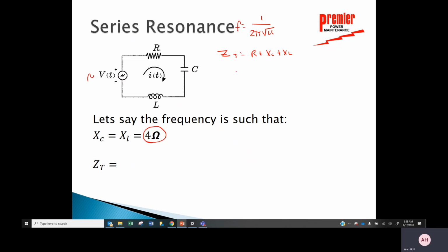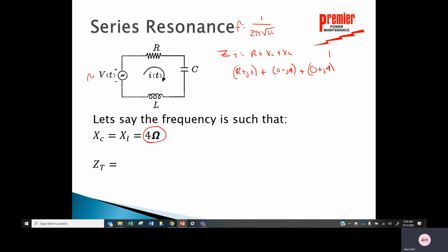So looking at rectangular components, this is going to be the resistance R plus j0, plus the capacitive reactance, which is 0 minus j4, down here, and then plus the inductive reactance, 0 plus j4.